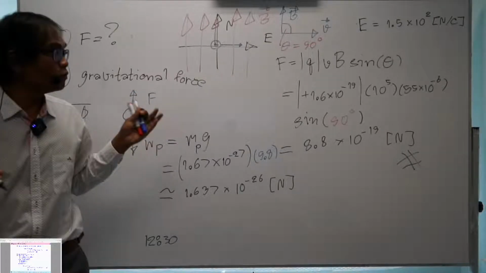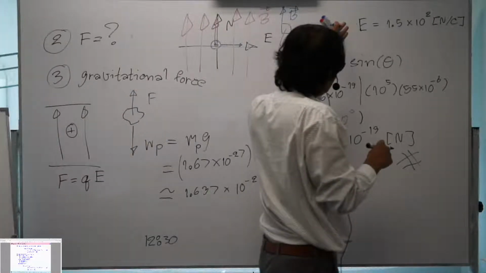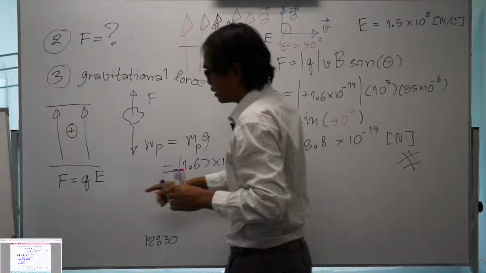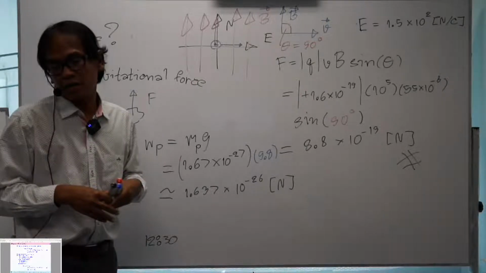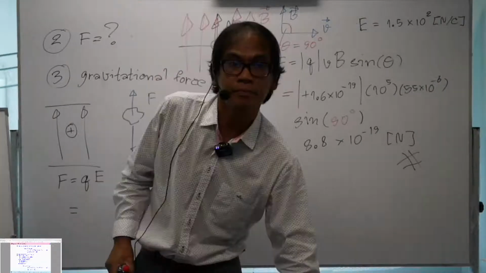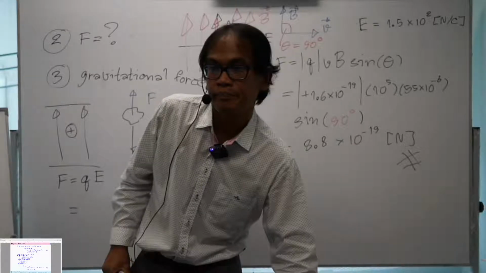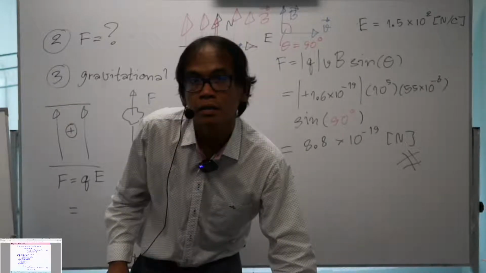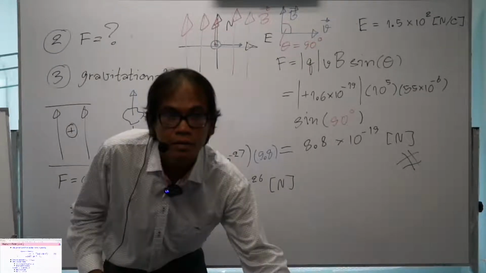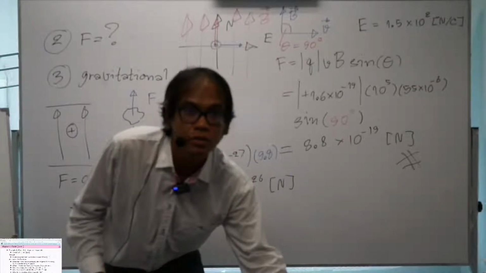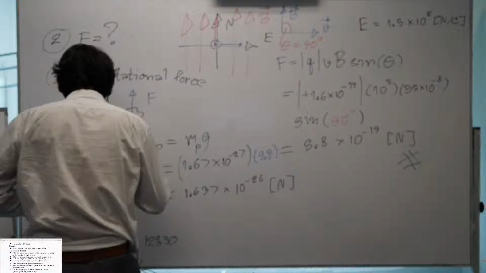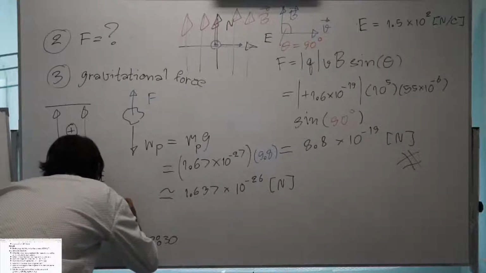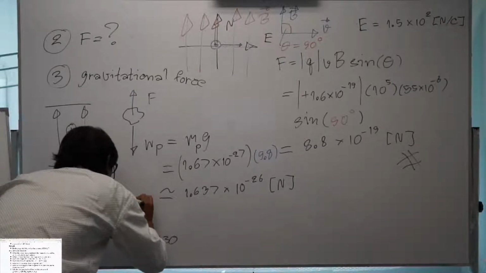You can convert E to F by using this formula, and you just put the amount of charge for the proton. In this case the charge of the proton is 1.6 times 10 raised to the power of negative 19 Coulomb.